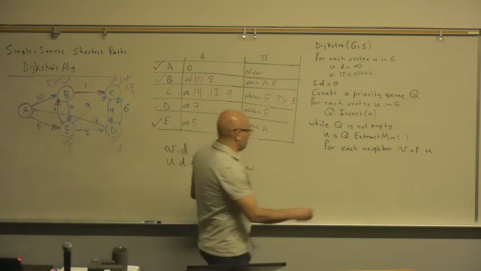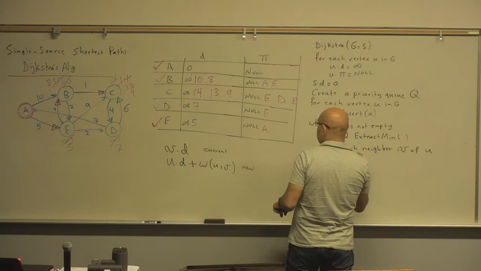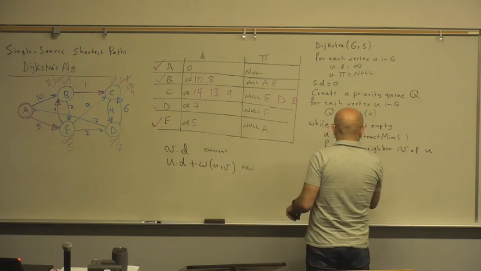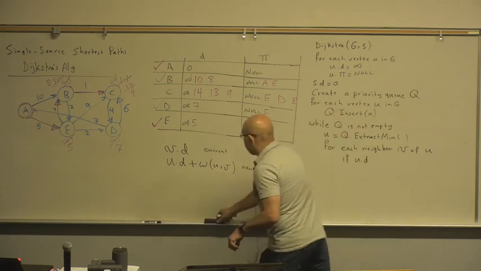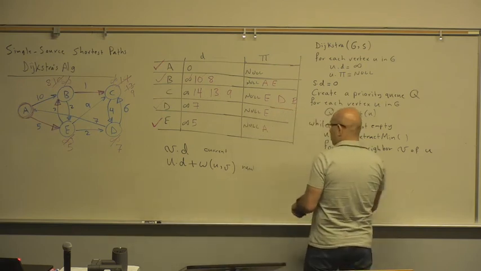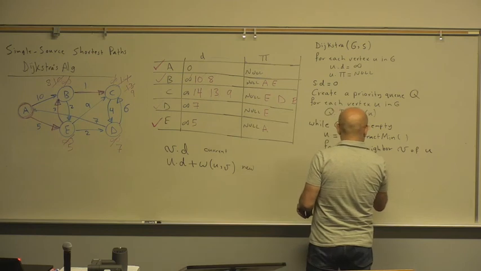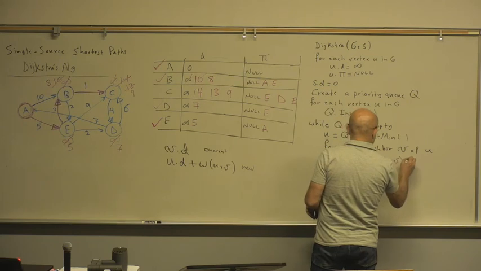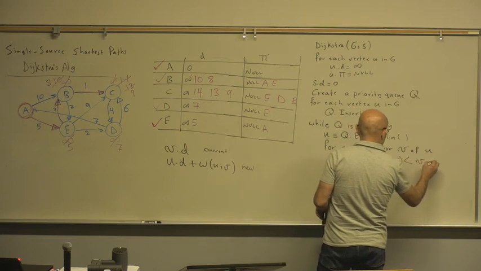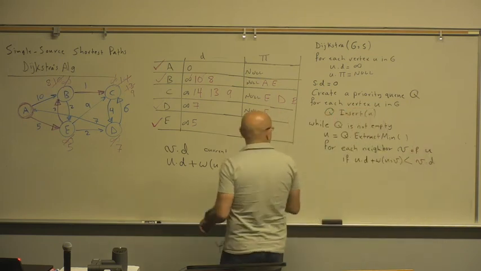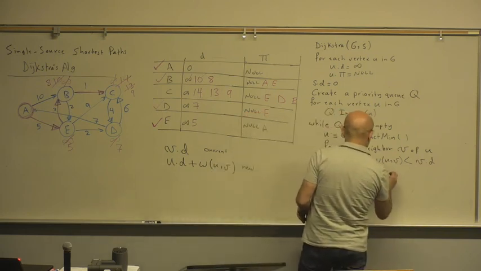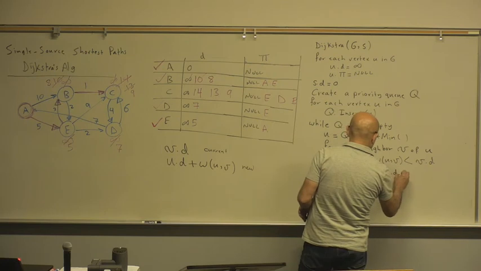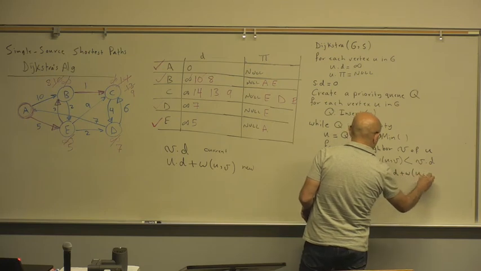So we do if u.d plus w of u and v is less than v.d, then we update v.d equals u.d plus w of u and v.